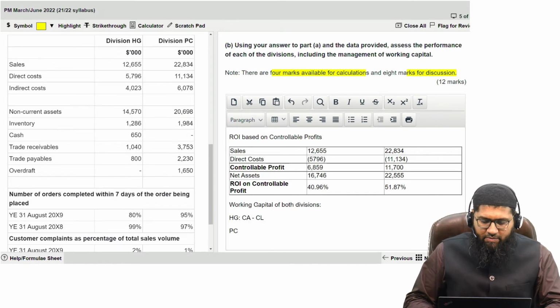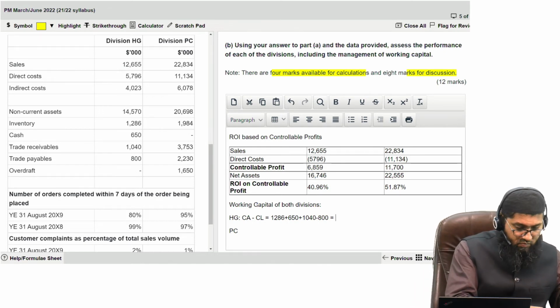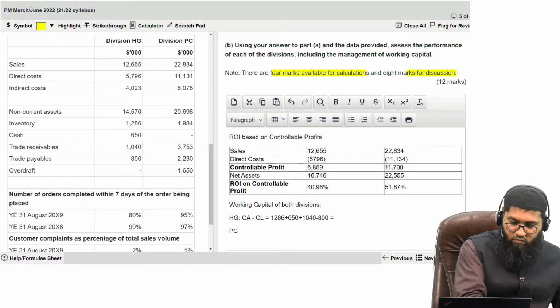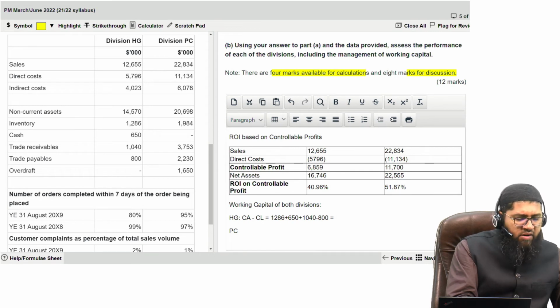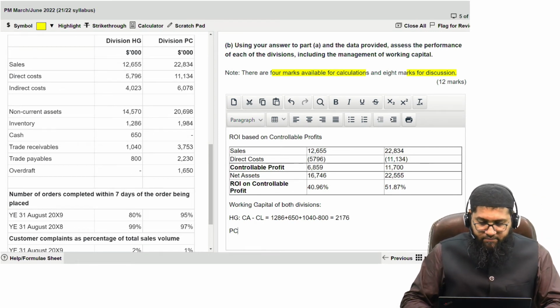Current asset minus current liability is equivalent to 1286 plus 650 plus 1040 minus 800, which is 2176.